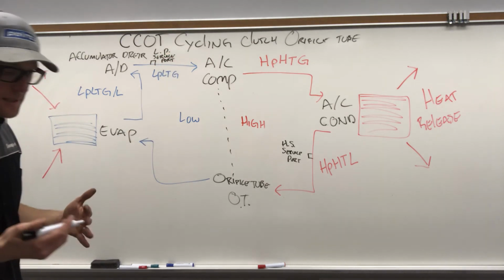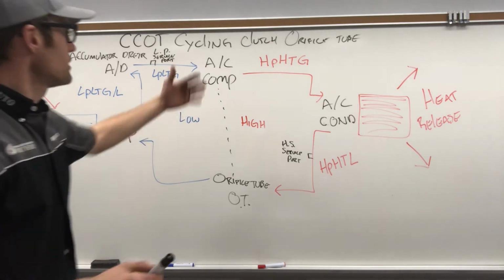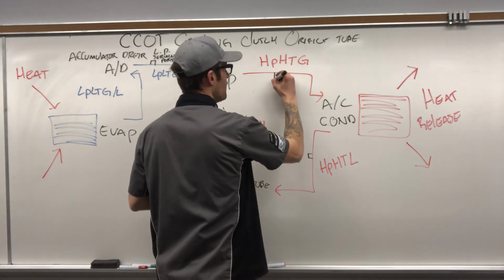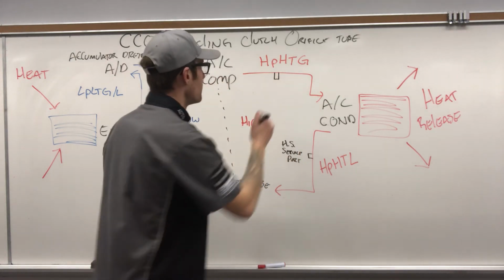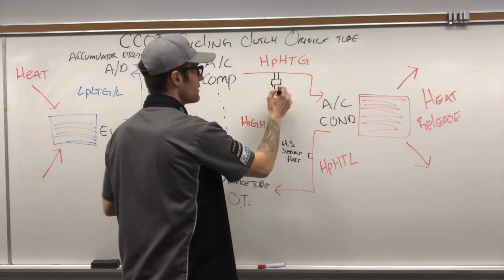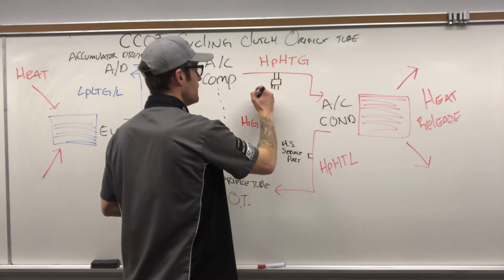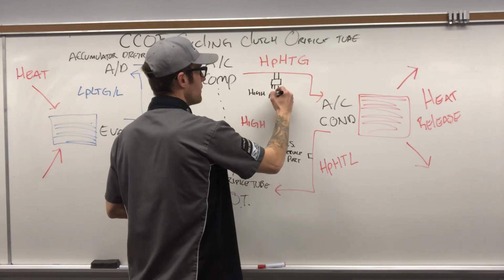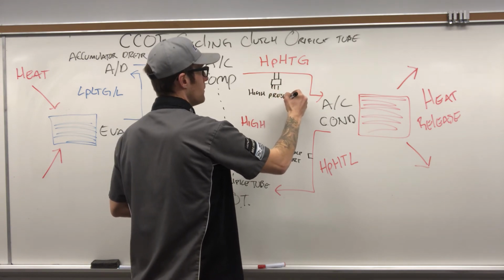Last but not least, we need to have a protection device for the compressor. So we're likely going to have an additional component on here. Let's draw this guy out a little bit. So imagine that this is either a 2-wire or 3-wire sensor. This will be our high pressure switch.